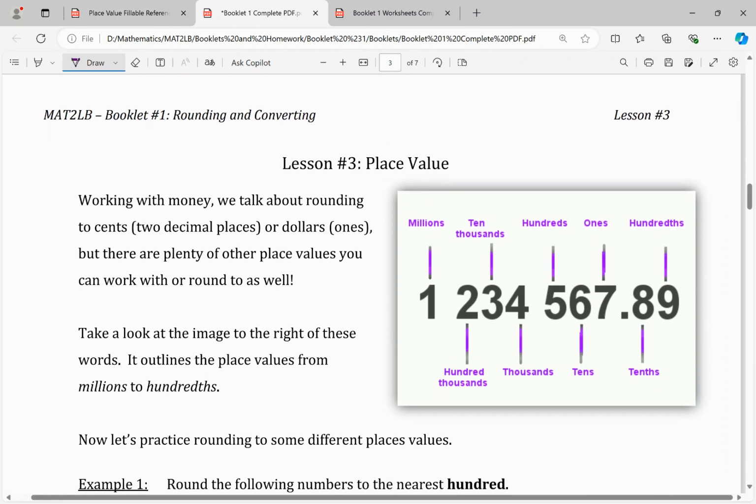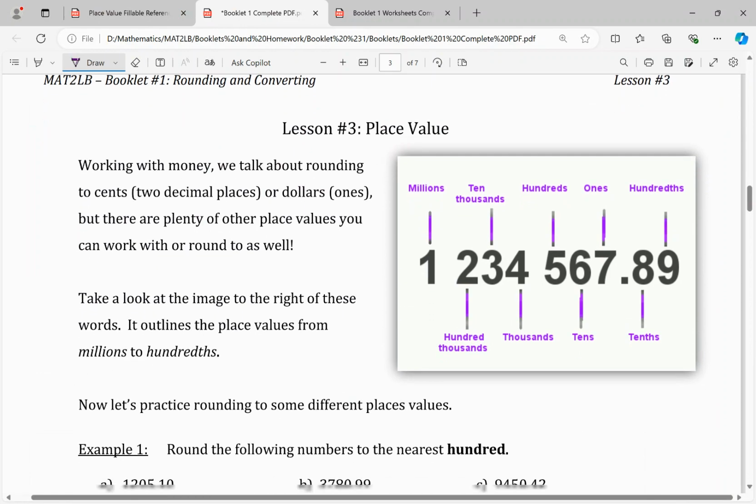In this lesson, we are going to talk about rounding again. So I've already taught you how to round. We don't need to spend too much time on that. However, the questions are going to look slightly different. In lesson 1, I asked you questions like round to the nearest dollar or round to the nearest cent.